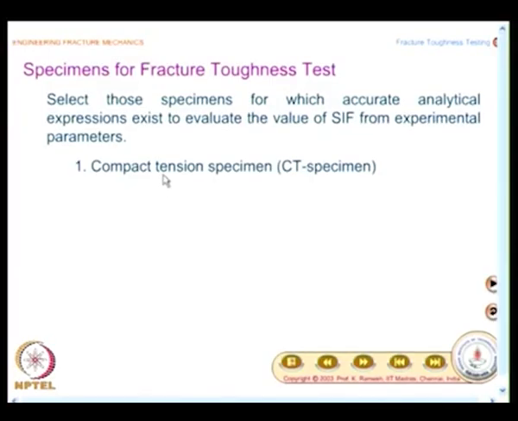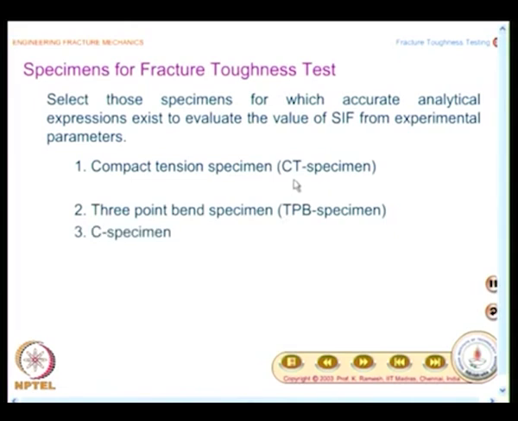So, what people have done is, people have done the boundary collocation type of approach, numerically solving these standard geometries and have arrived at empirical relations to find out what is the value of K within an error band, all that we will see. And you have the compact tension specimen, which is known as CT specimen.